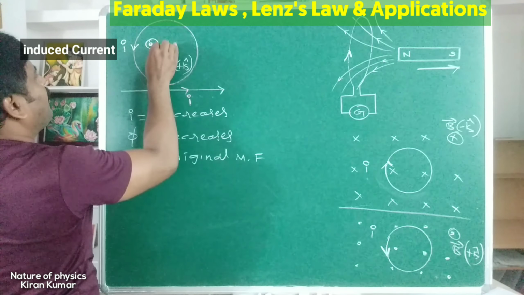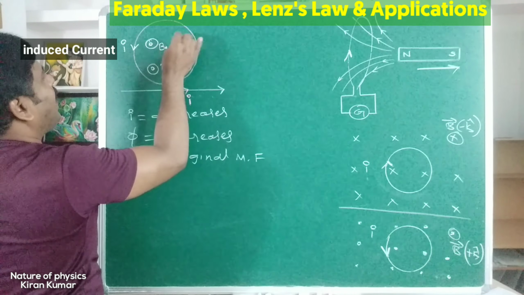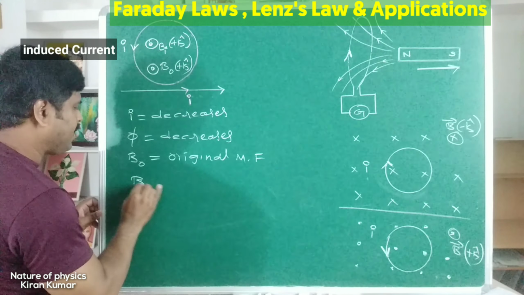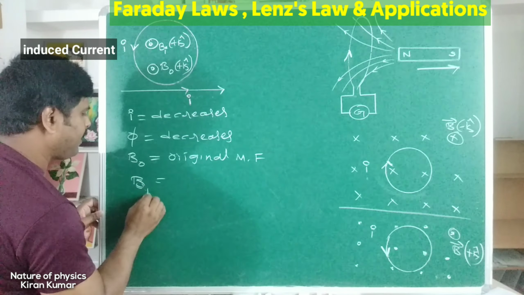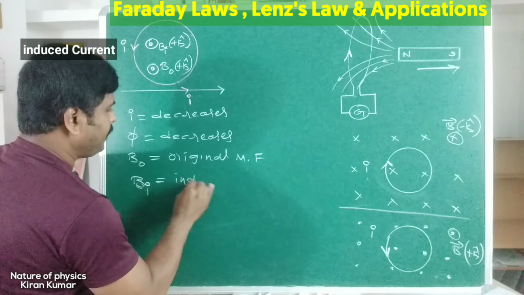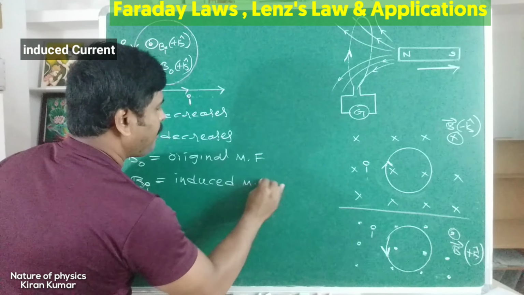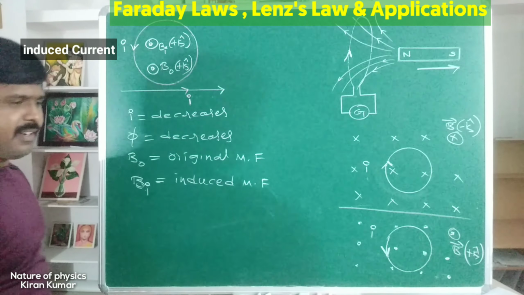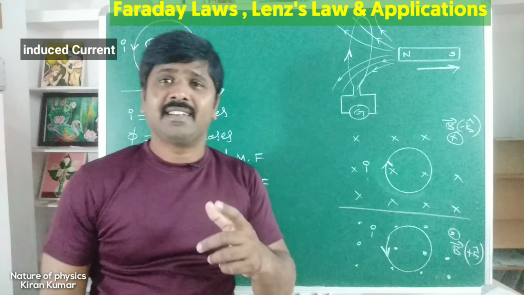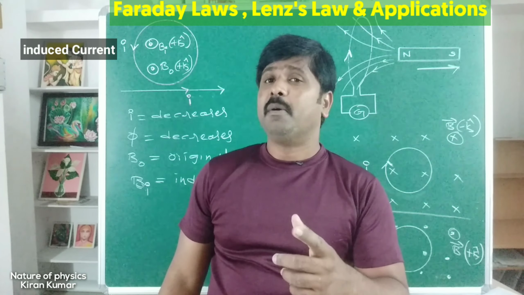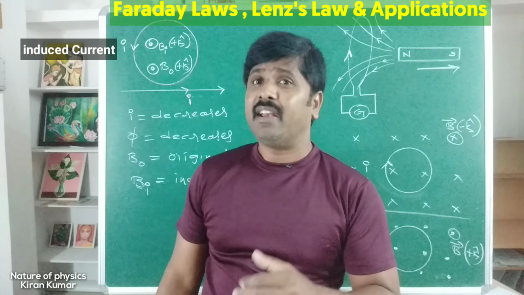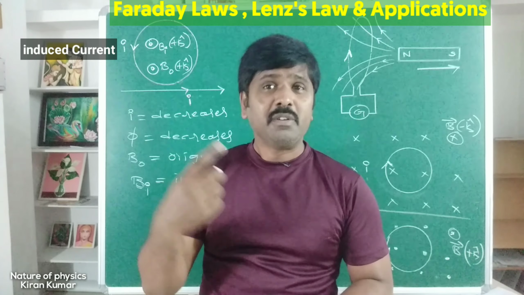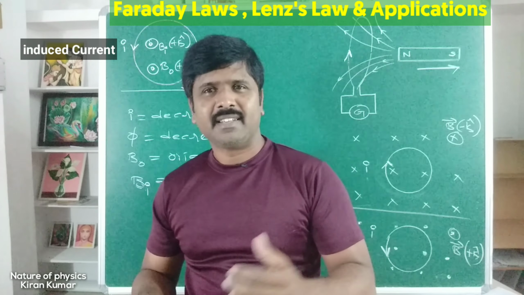So this is BI, along the positive Z axis, plus K. BI is the induced magnetic field by the induced current. Both are along the same direction. Like this, we can discuss the magnetic field direction by the varying magnetic field, the induced current direction in a coil, and the induced magnetic field direction.